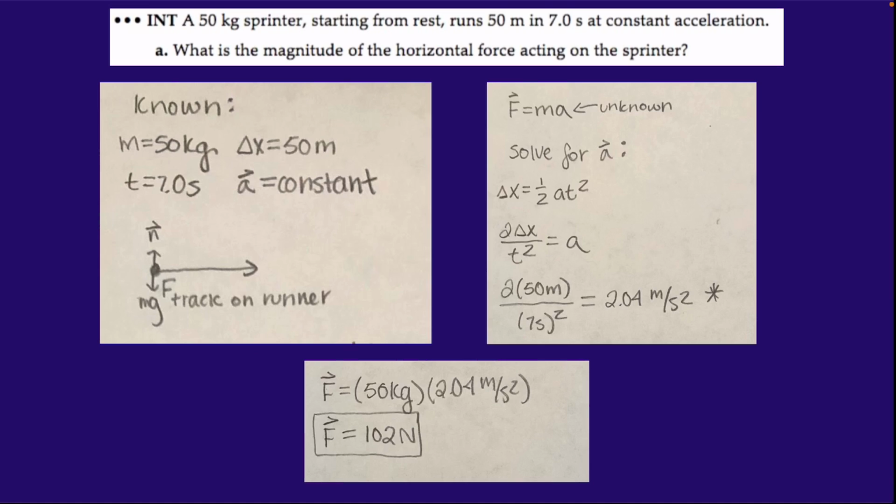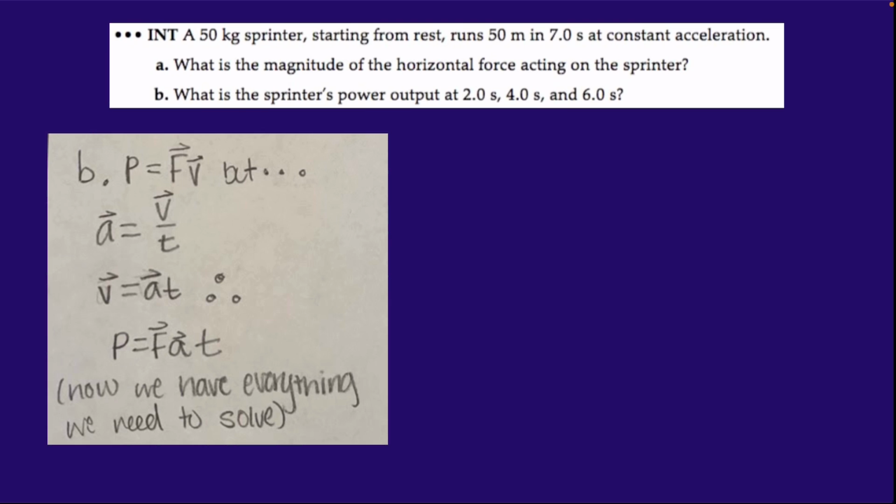But the problem is asking about force, and we can do some really simple math and get that the force is 102 newtons. Also notable that force is going to be constant, which similarly is going to be useful for part B. So part B is asking about the sprinter's power output at 2, 4, and 6 seconds.